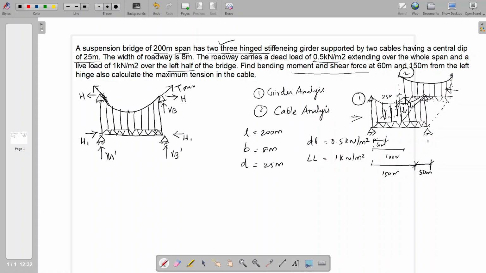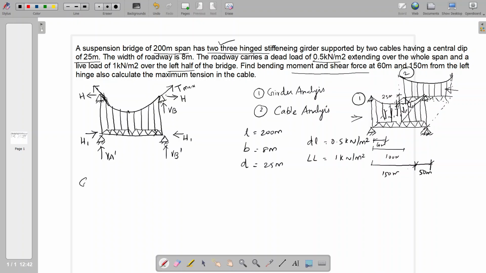So we need the x distance for the calculation of the ordinate y from the linear point from any one of the edges. So it crosses the midpoint 150 meters. So consider 50 meter right, which is equivalent to 150 meter from the left. So the first section is 60 meter. The second position you can consider as 50 meter from the right side.